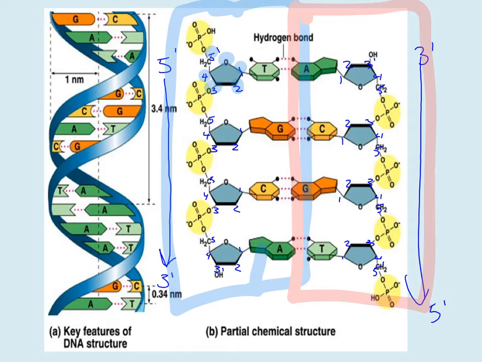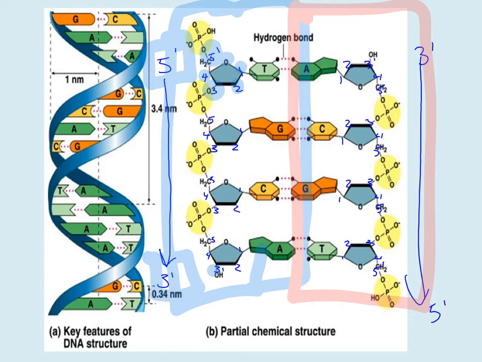So I've got my 3 right here, and my 5 right here at the top. So this is telling me that 5 is at the top and 3 is at the bottom, so I say this is 5' to 3'.